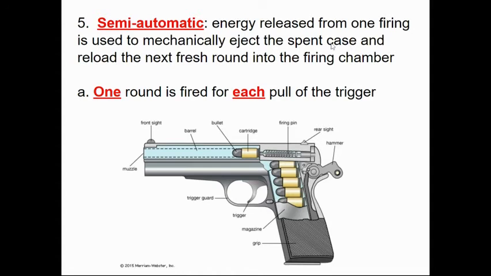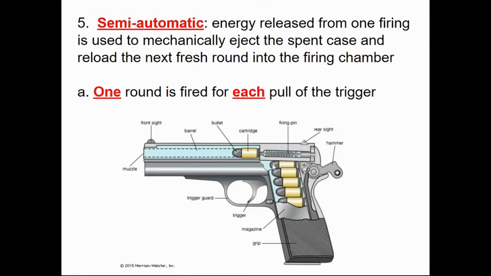So the simplest way to think about this is when you pull the trigger once, you fire one bullet. If you pull the trigger and it goes bang, and then you hold down the trigger and nothing happens, and you release the trigger and pull it again and it goes bang, that is semi-automatic. As fast as you can pull the trigger is as fast as the gun can fire.